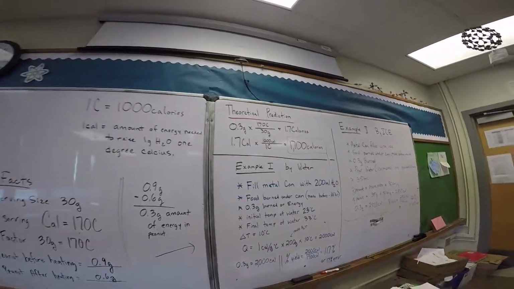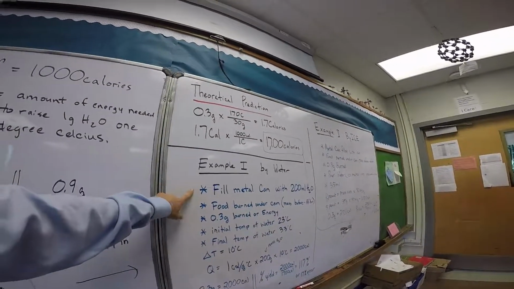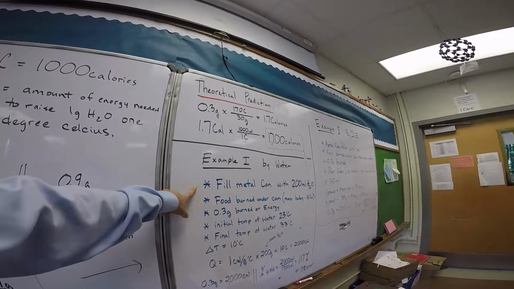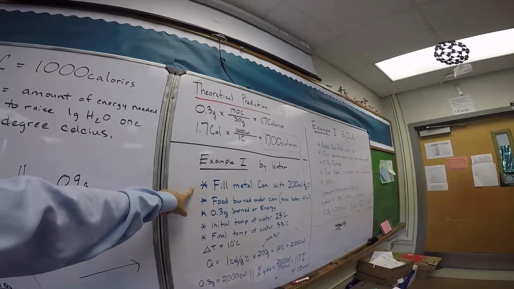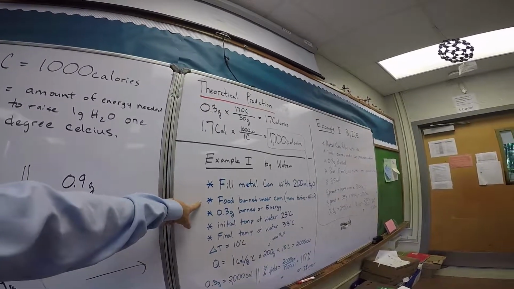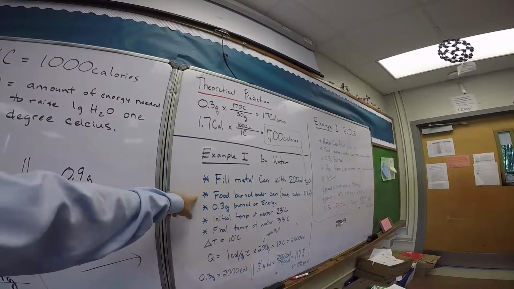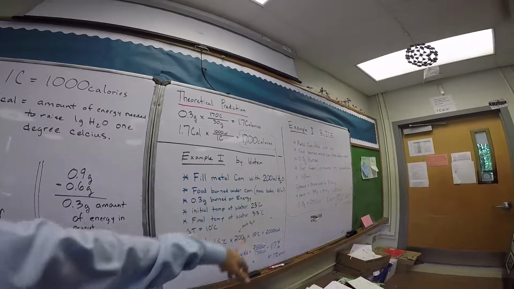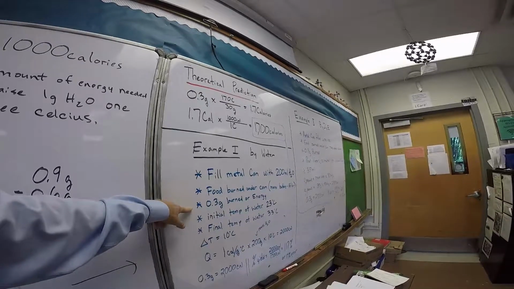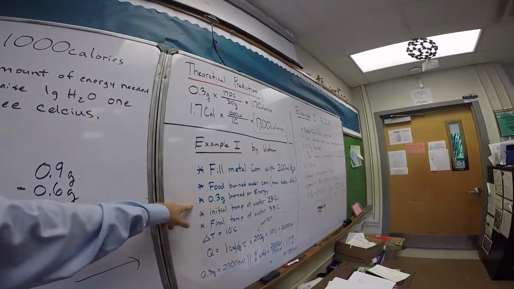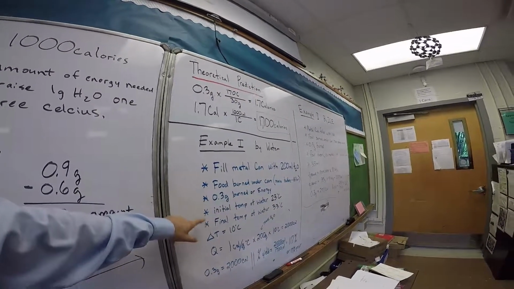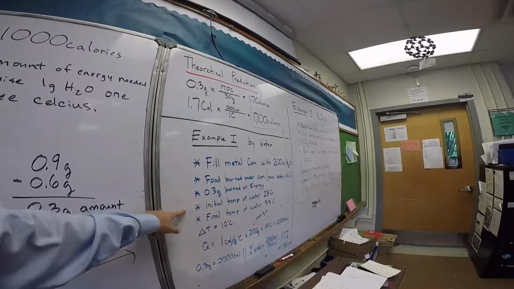Now when you do this by water, you're going to fill the can with 200 milliliters of H2O. And then you're going to burn the food item. You're going to measure the mass before and after the burn. So we're saying here that 0.3 grams of energy is produced there. Now the initial temperature of the water, you need to measure that.